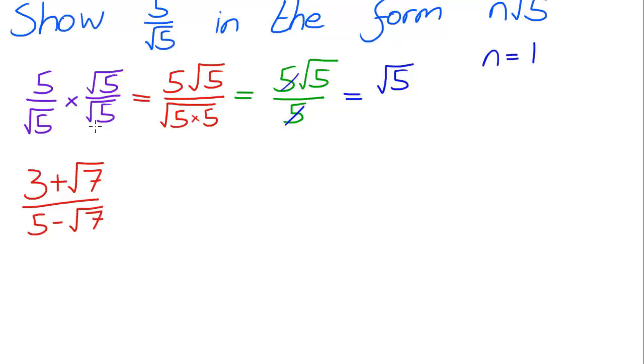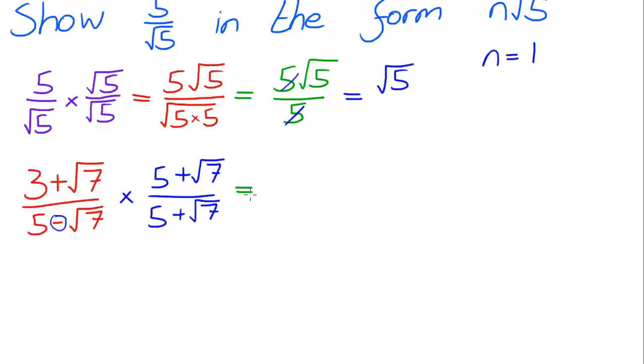So how do we do that? Let's use the same logic as here with these root 7s, but there's a trick. We're going to times by this whole denominator, but we're going to change the sign. So we're going to times by 5 plus root 7 over 5 plus root 7. I'll come back to why we've changed that sign, but it should become clear.